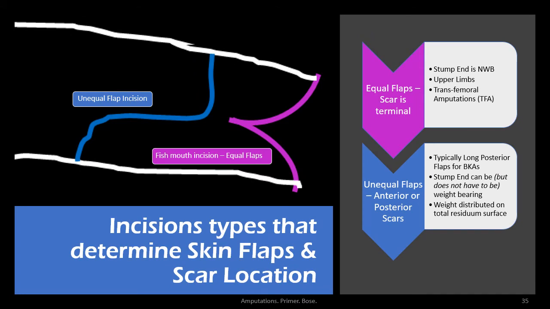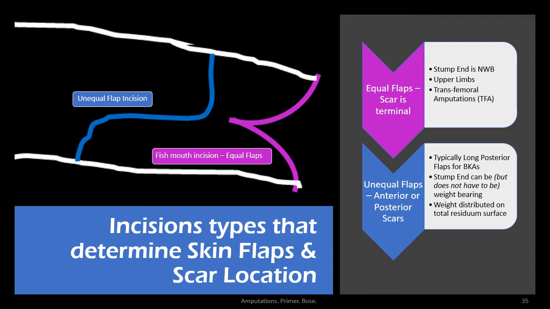The surgeon makes a decision whether the surgery will involve a terminal scar or a scar that is either in the front or in the rear. In case of a terminal scar, the skin is incised such that there are two equal-sized flaps created from the anterior and posterior surfaces. These are called fish mouth incisions.